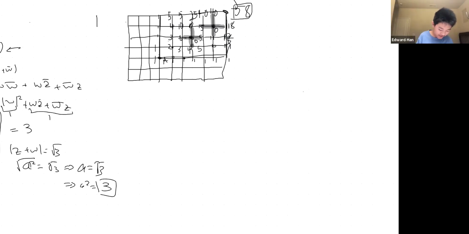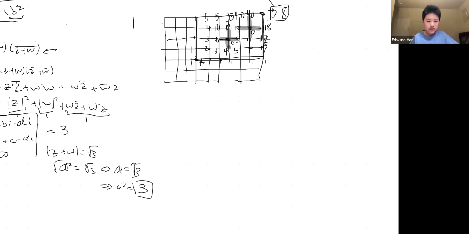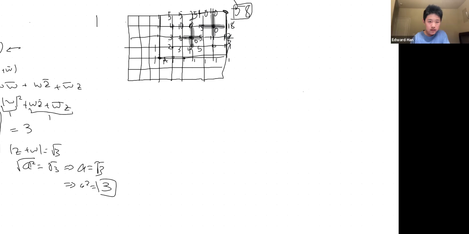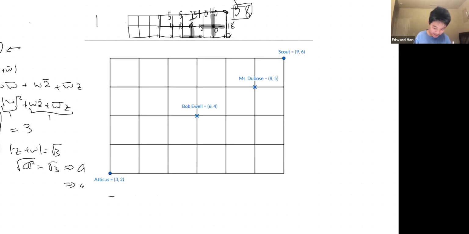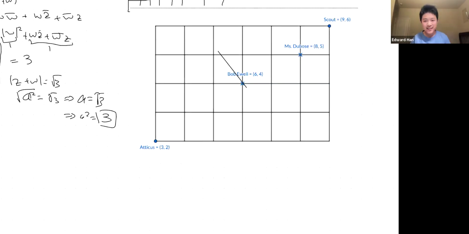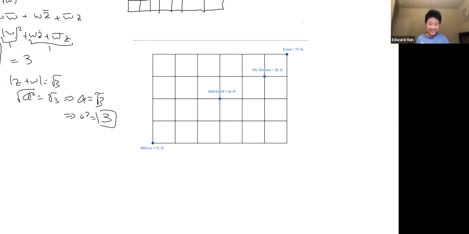Or I can draw one, but it's not working. Okay, so this is my diagram. It's a little big. Let me make it smaller. Wait, how do I do that? Okay, somebody changed it for me, so that's good.